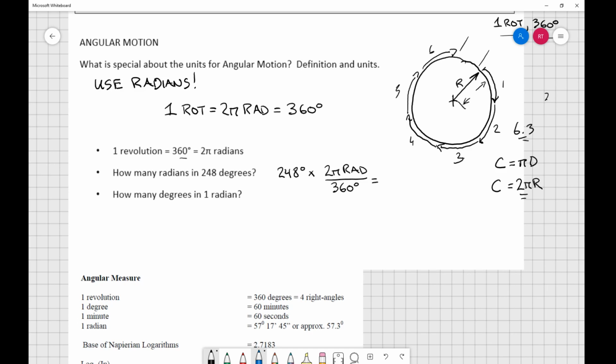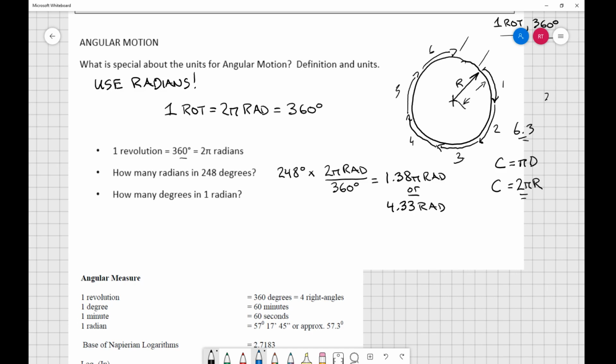Degrees cancel out, leaving radians, and we are left with 1.38 pi radians. Sometimes we leave the pi in there, or if we use pi as 3.14159 and so on, it's 4.33 radians.